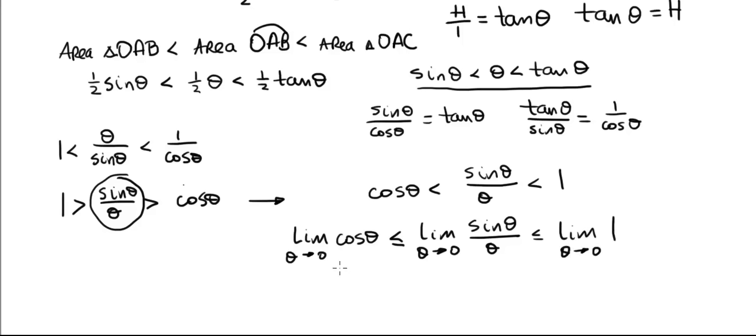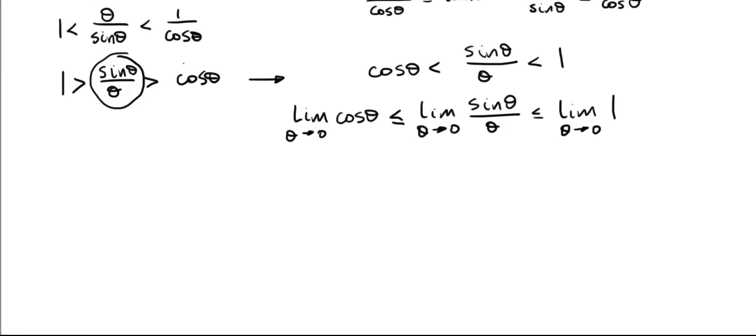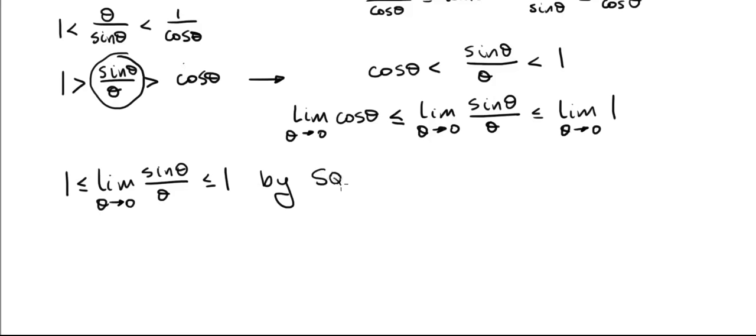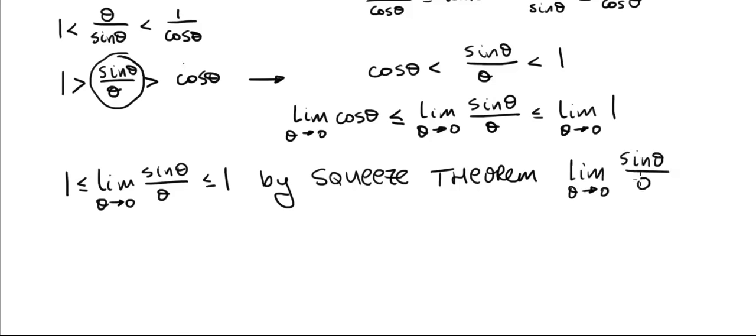Well, plugging in 0 into cosine of theta gives us 1, and the limit as theta goes to 0 of 1 is 1, so we have 1 less than or equal to the limit as theta goes to 0 of sine theta divided by theta less than or equal to 1. By squeeze theorem, we conclude the limit as theta goes to 0 of sine theta over theta equals 1.